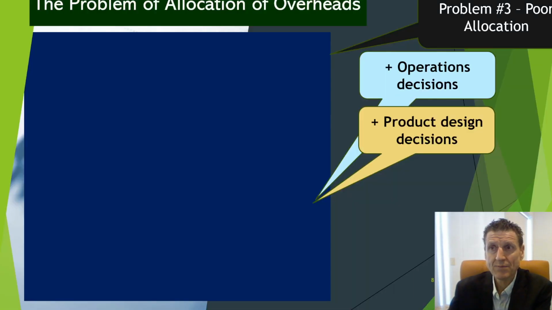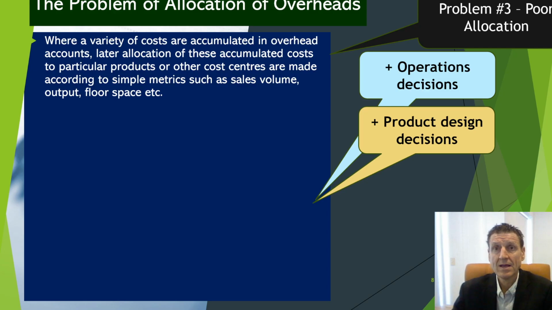All right, problem number 3 is poor allocation: the poor allocation of overheads to products. When we don't allocate the environmental costs properly, then we don't make as good operation decisions and we don't make as good product design decisions.